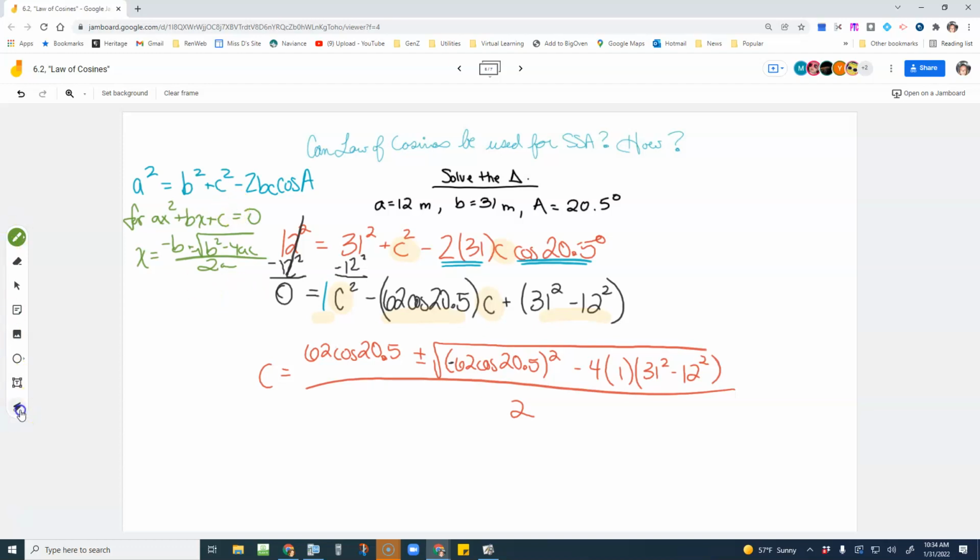And so I plugged in my c equals negative b, a negative is a positive, plus or minus square root b squared minus 4ac, all over 2. I was lazy and didn't write it because 2 times 1 is 2a.